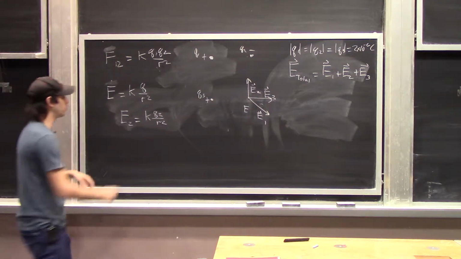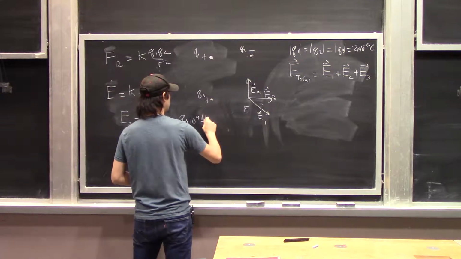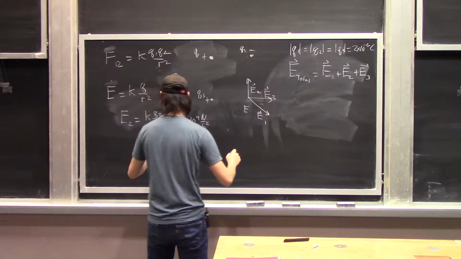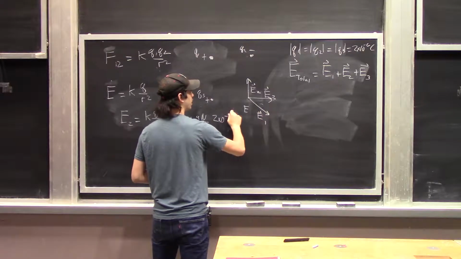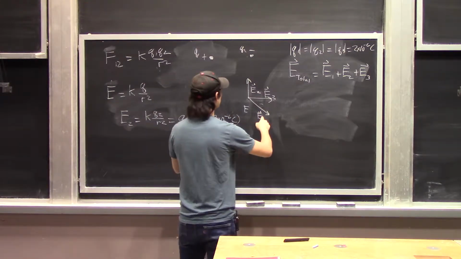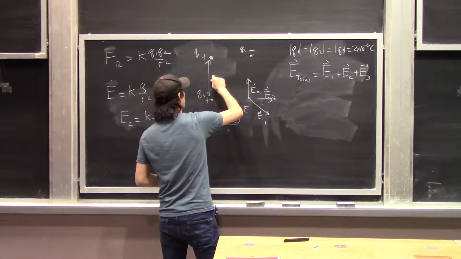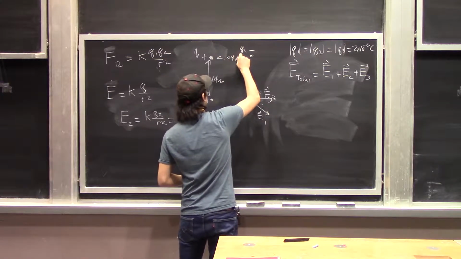And then this is going to be equal to 9 times 10 to the 9 newtons per Coulomb squared, times the charge, which is 2 times 10 to the negative 6 coulombs, divided by the distance from here to here, which was a given. This was 0.4 meters and 0.4 meters.